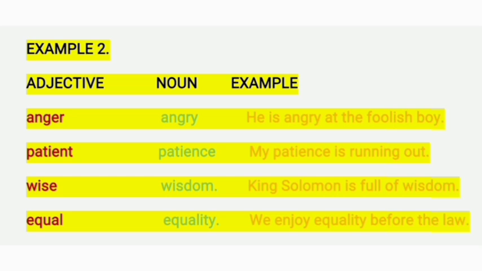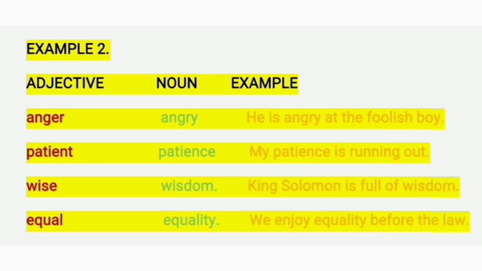We also have another example, wise. Then we added DOM, a suffix, and now we have wisdom. King Solomon is full of wisdom. In the other example that follows, equal, we added ITY, and now what do we have? We have equality.